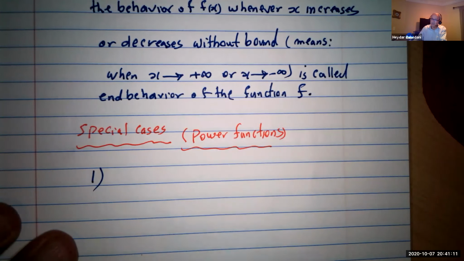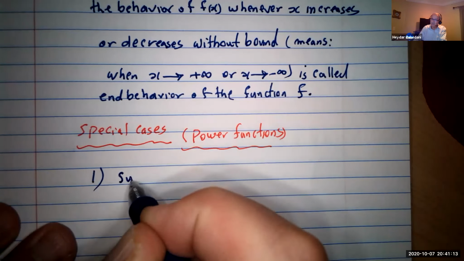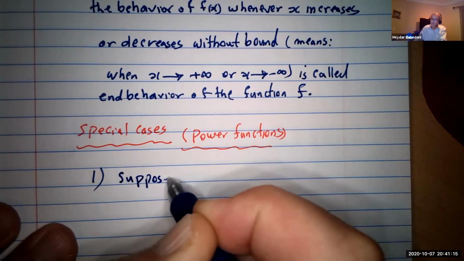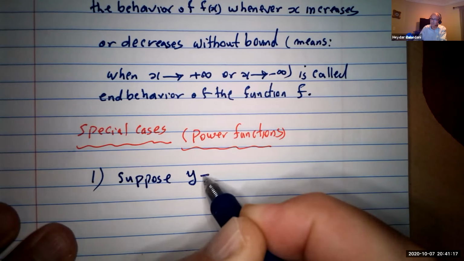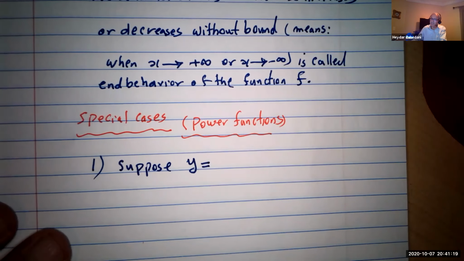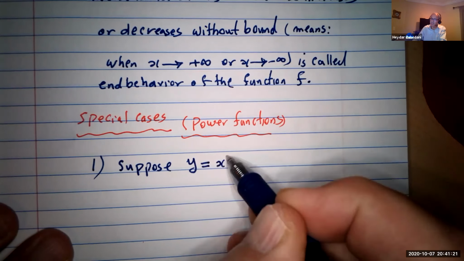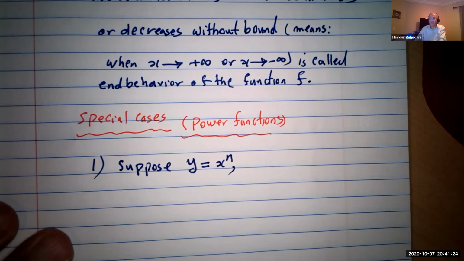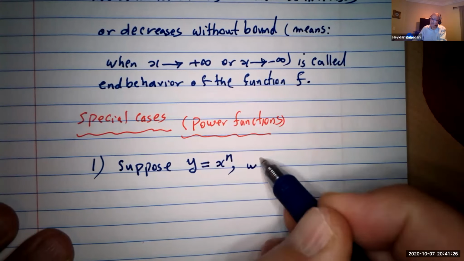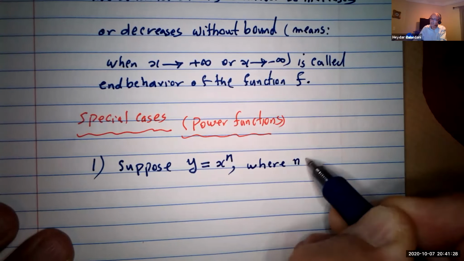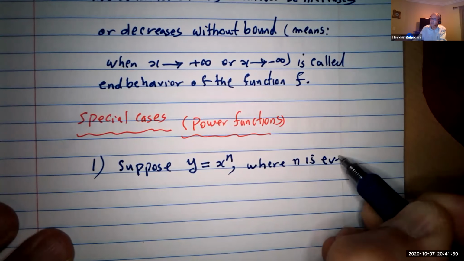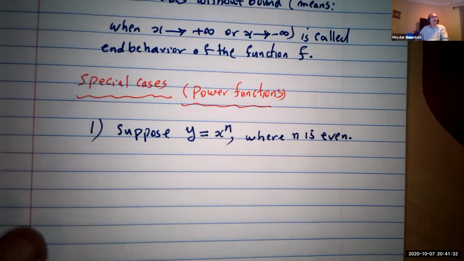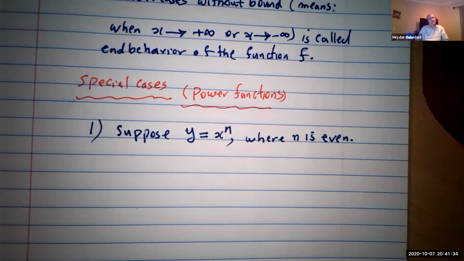Suppose y is a power function, y is equal to x to the n, where n is even. This means y equal to x squared, y equal to x to the 4th, x to the 6th. This is what we are interested in in this case.